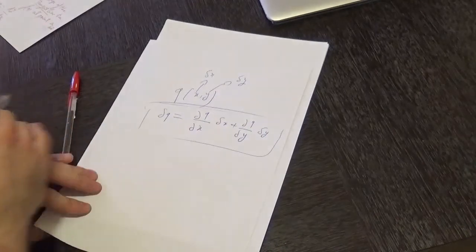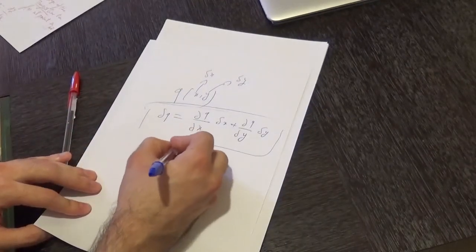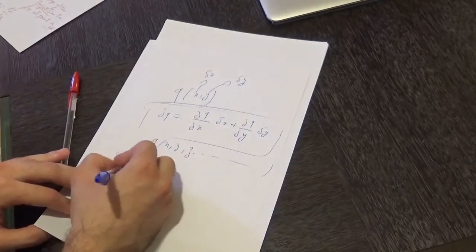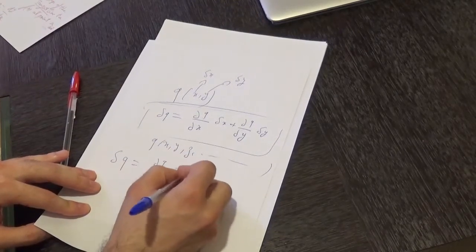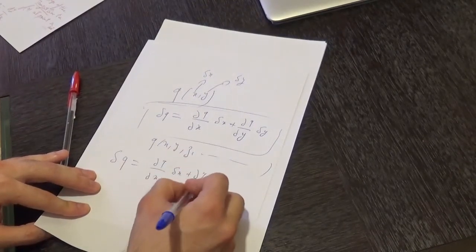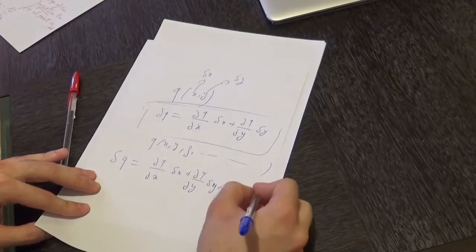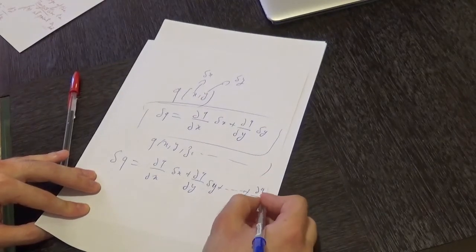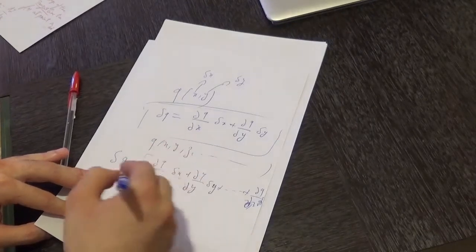Now what if we have n number of variables? So we have a function of x, y, z, and so on. Therefore the expression becomes delta q equal to dq over dx delta x plus dq over dy delta y plus, and so on, dq over d of whatever variable times the error on that variable, without adding the square root.